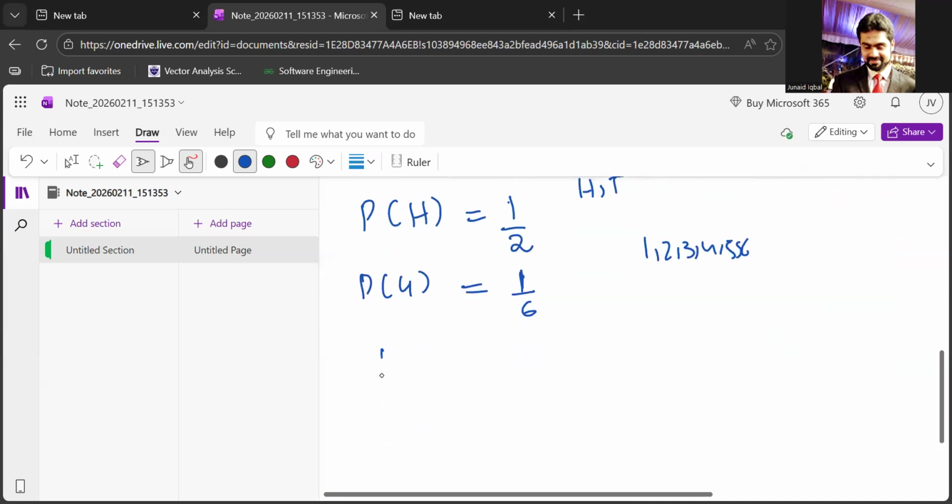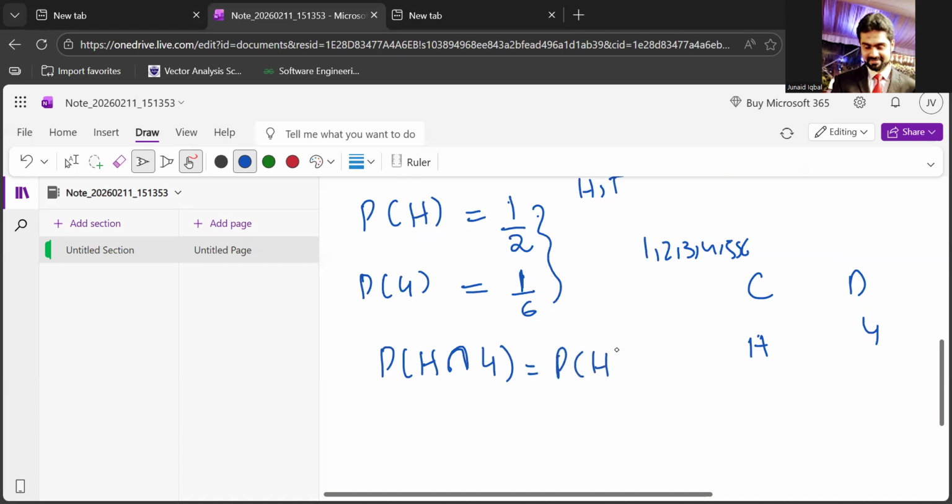So what I'm going to do, I'm going to find both of them occurring together. Like in the coin you're getting head, and in the dice you're getting 4. These are independent events. It does not matter what you get on the coin and what number you get on the dice. So I'm going to put intersection between both of them, and I'm going to multiply their probability. That's all you have to do.